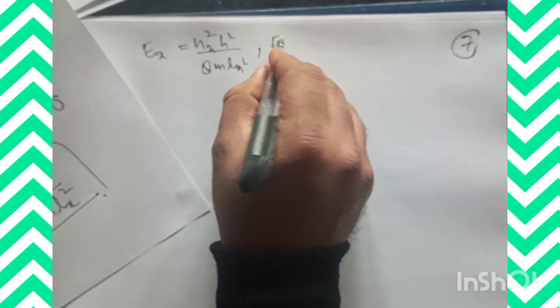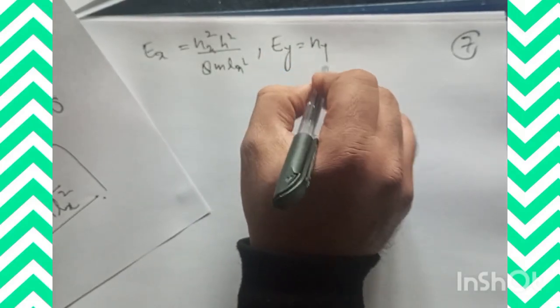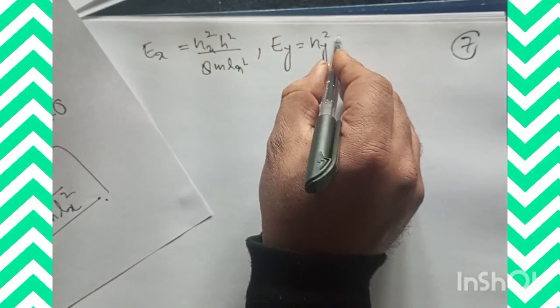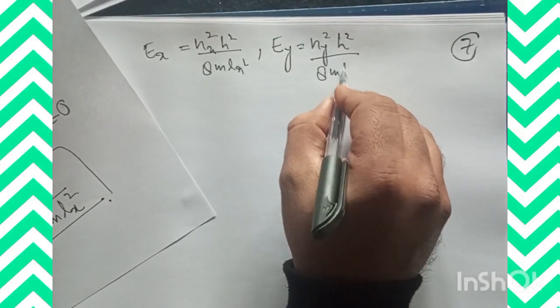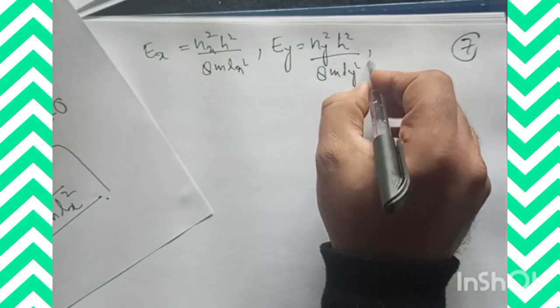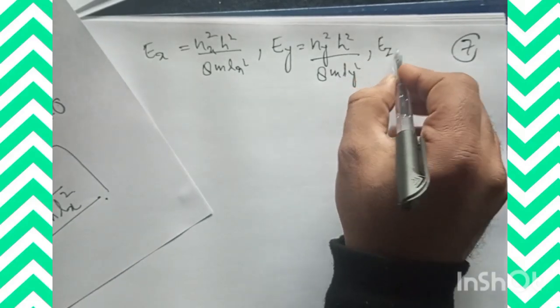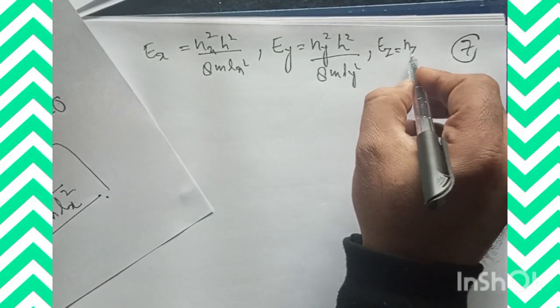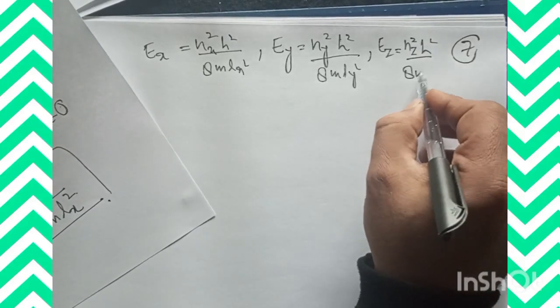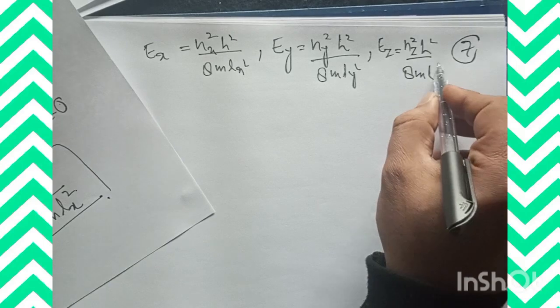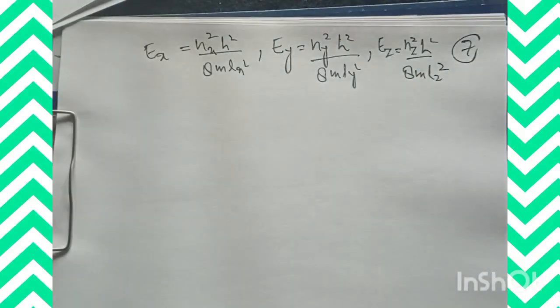So for Ey, I should get ny square h square divided by 8m Ly square. And similarly, Ez equals nz square h square by 8m Lz square. So that should be the case.